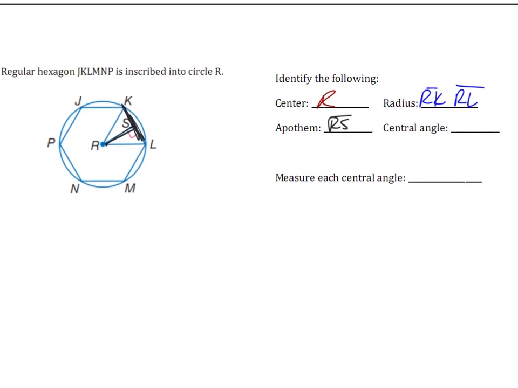Perpendicular means it creates a 90-degree angle. Bisector means it cuts it in half. My central angle is going to be KRL. Since it is a hexagon, they mean 6 sides, so I take 360 divided by 6. The measure is going to be 60 degrees. Nothing too bad so far.